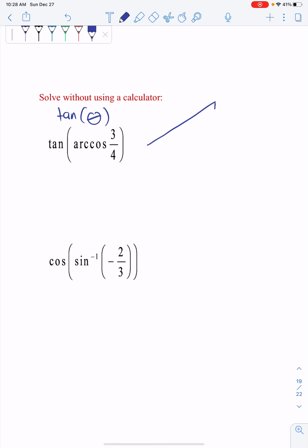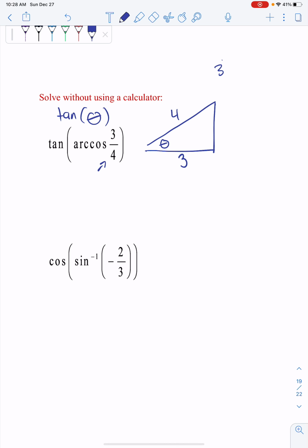First thing I need to do is figure out what my angle is. So the way I like to do these is I draw a triangle, and I don't know what the angle is, so I'm just going to put my symbol in there. But I do know that the cosine of my angle is 3/4. The arc cosine of 3/4 means that the cosine of some angle is 3/4. So that means my adjacent is 3 and my hypotenuse is 4.